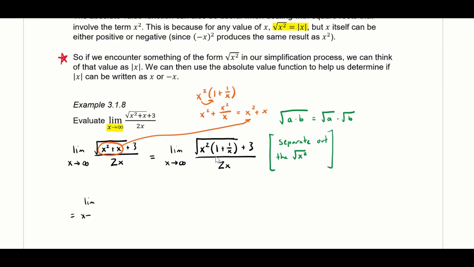So let's see what that looks like. I'm going to take that square root of x squared out of my numerator, and multiply it by the square root of whatever's left in there, that 1 plus 1 over x, all plus 3, all divided by 2x.